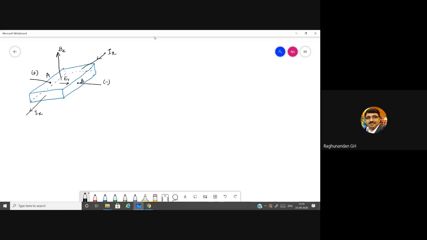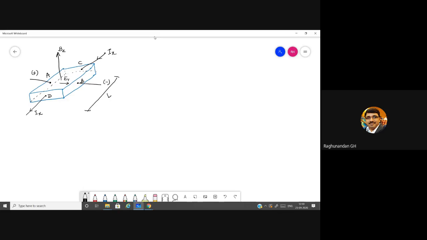Okay, and we'll take the length of this bar as L, and the width as W. How much width it is having, that will be W. This point I'll take as C, and this point as D. So C to D is the direction of the current flowing.